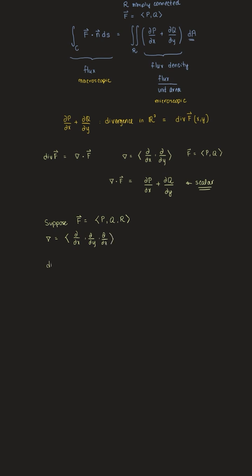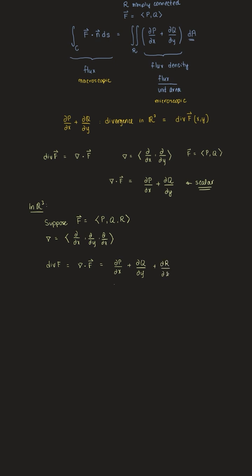And the divergence of our vector field in R3 is going to be del dot our vector field F, which is partial of P with respect to x, plus partial of Q with respect to y, plus the partial of R with respect to z.